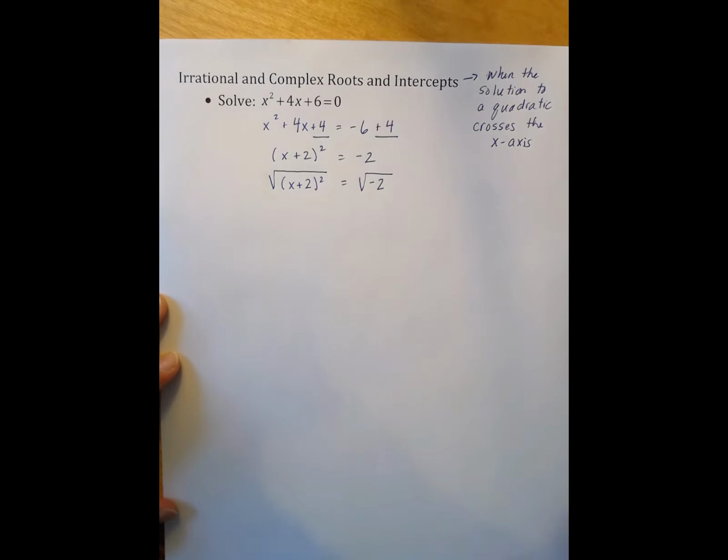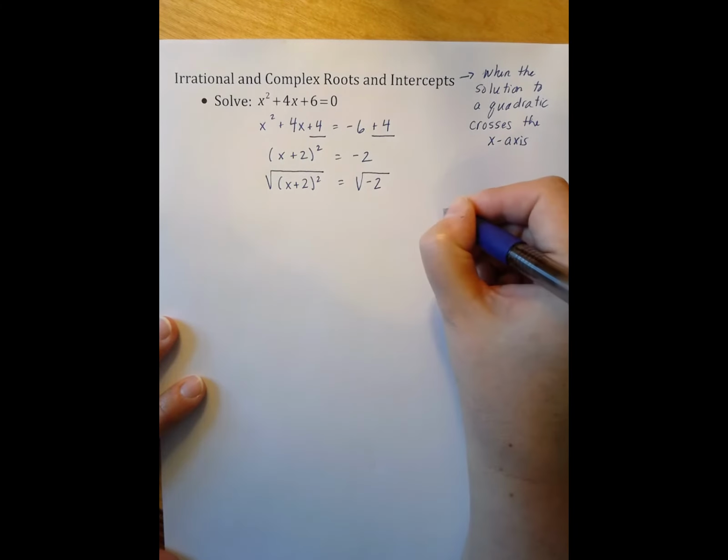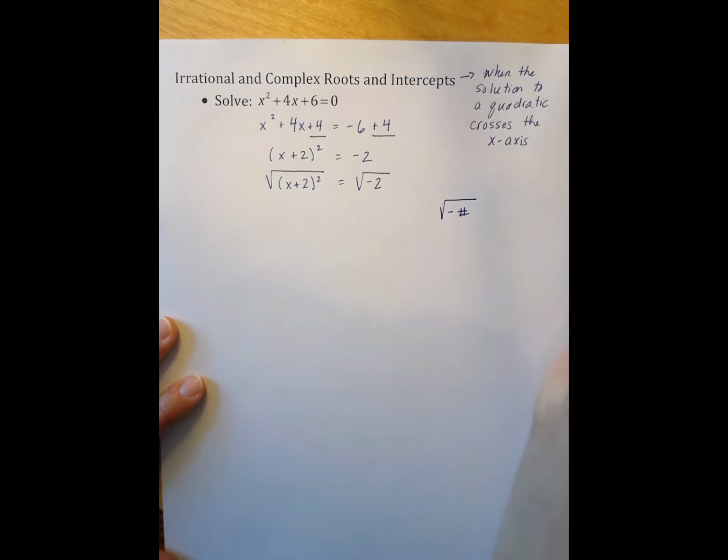So they came up with this concept of what the square root of a negative number means. They said that the square root of any negative number, they were going to rewrite that as the square root of negative 1 times the number, which is the square root of negative 1 times the square root of the number.